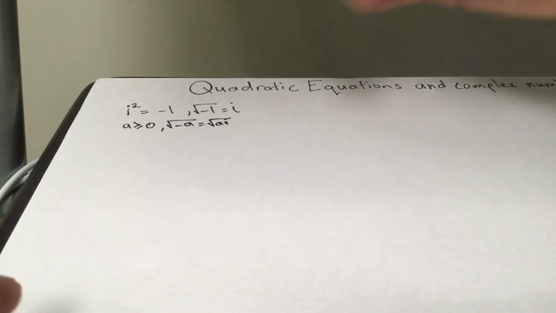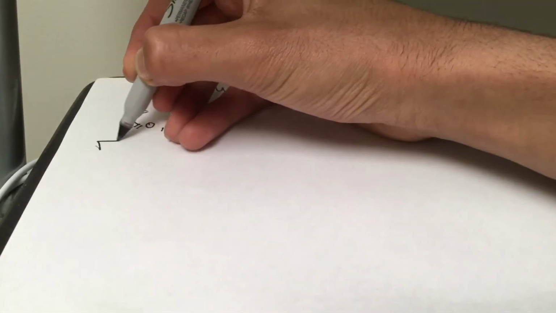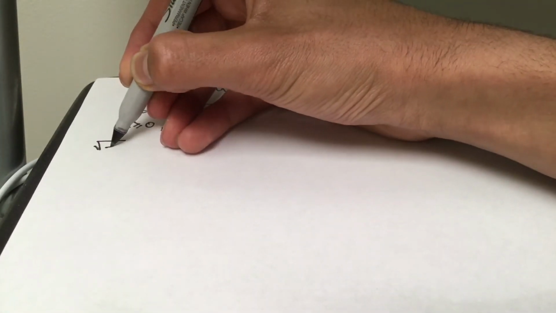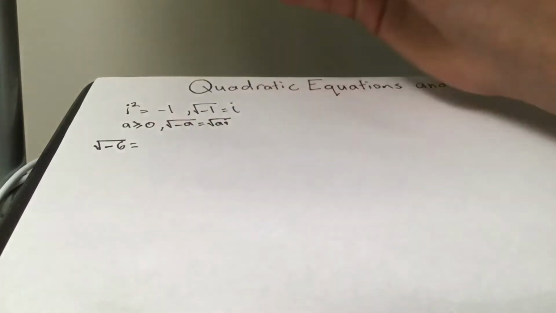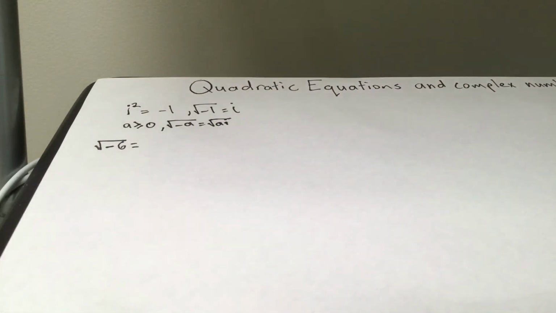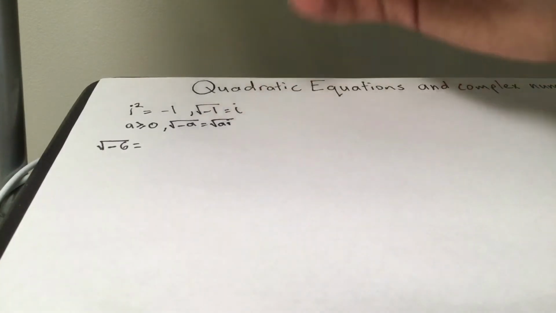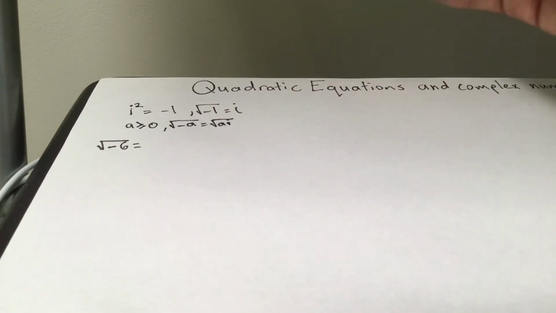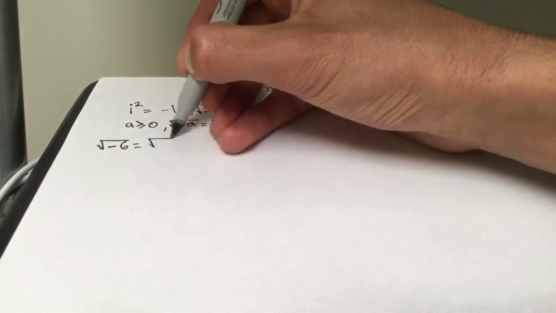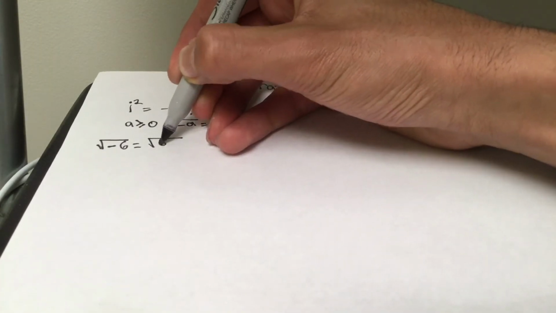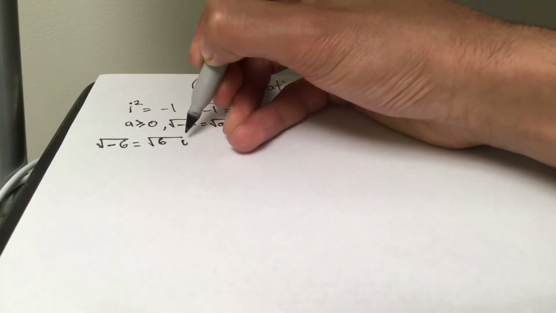Now I'll give you my first example. It's going to be the square root of -6. You can pause the video if you'd like to try it yourself. By solving this, we put it as square root 6 i.